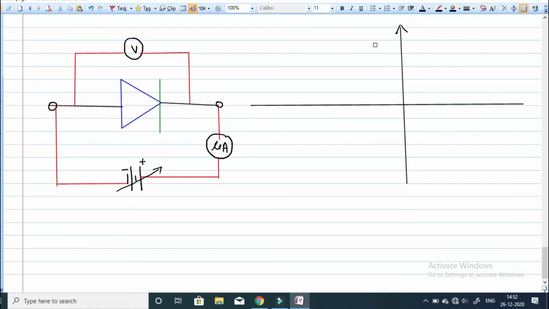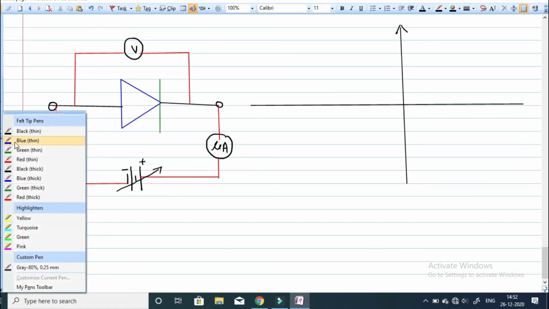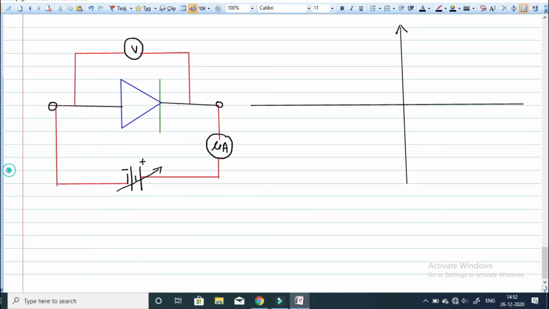This is your current I and this is your voltage. The current in the negative direction will be in microamperes, and the voltage we are applying in the reverse direction. We can take 20, 40, 60, 80, like this we can take the voltage.